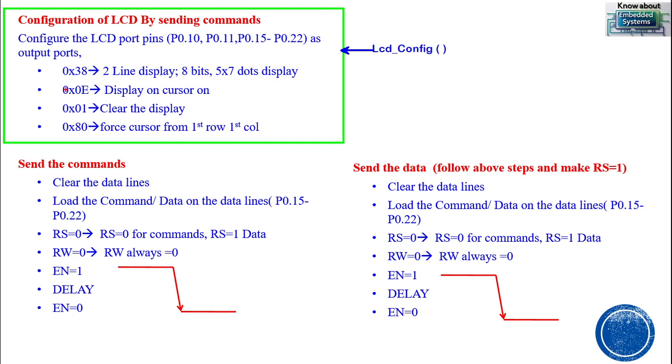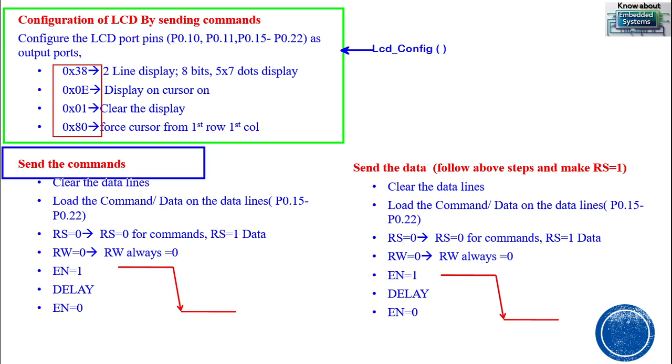These are the different commands we are going to use in the coding part, to configure your LCD. You can see 2-line display, 8-bit. So in my first function I'm going to configure the LCD port pins as an output port, and send the mandatory commands. This is my first part of the coding.